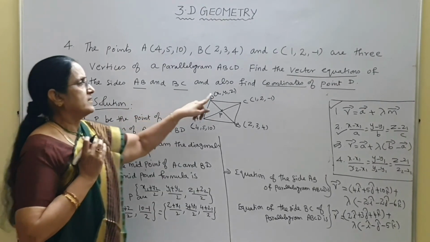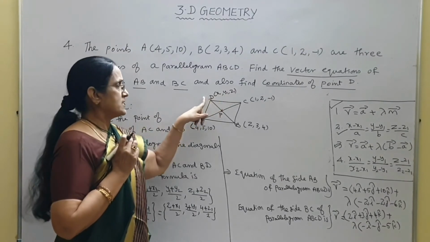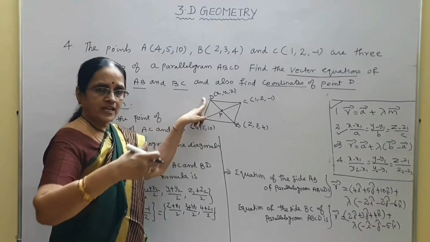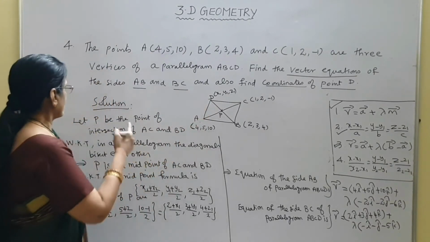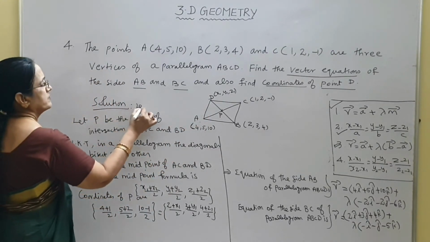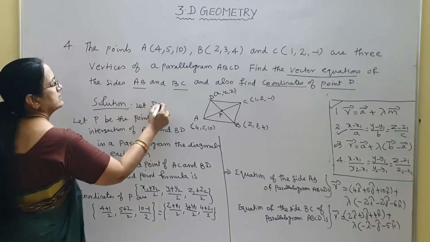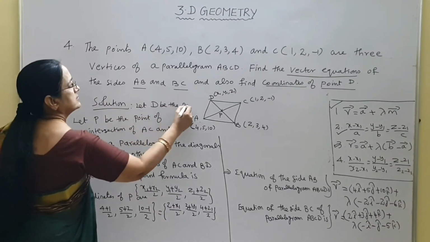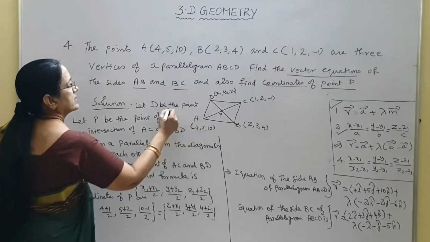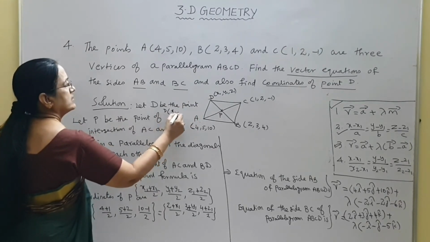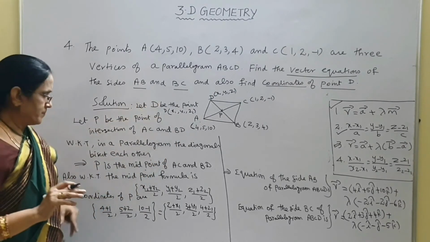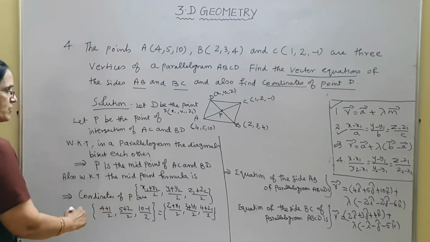Though I have mentioned x1, y1, z1 as the coordinates of D, it's better to mention it when you start working out the question. So here itself you write, let D be the point (x1, y1, z1). It's better to write it that way. Okay. From here what do you get?